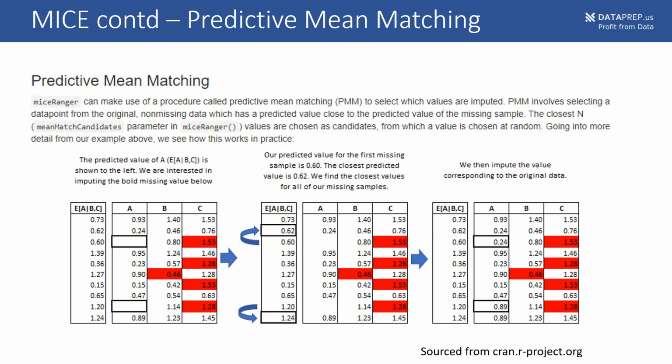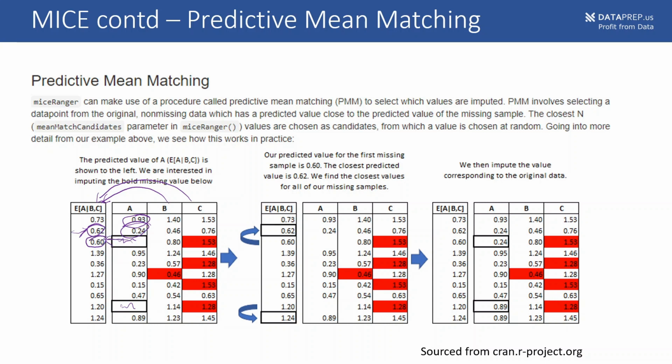A similar approach is called predictive mean matching. What we do here is that if we have missing values, for example, if we are trying to estimate the missing values for column A, we will make an estimate of every single value in this column using the values of B and C and keep it in a separate column. Then for these estimates, we will find the value closest to the one predicted for the missing cell.